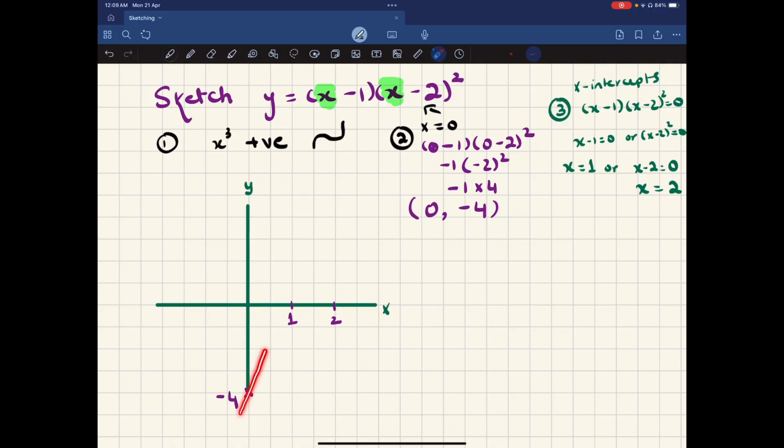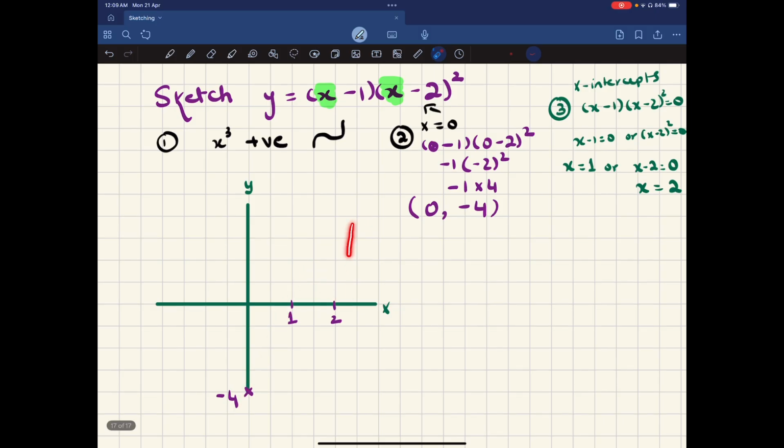So it's going to be something like this. It's going to be tangent at this point and then some.